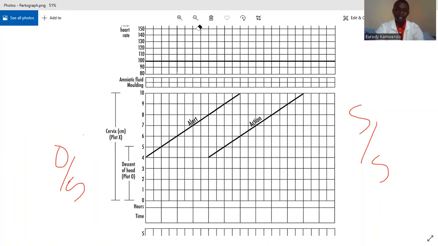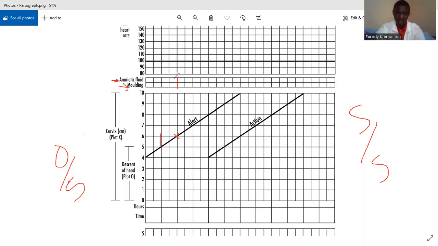So after checking the descent, you now come to this particular portion, which is labeled amniotic fluid, and also check for moulding. So amniotic fluid, let's say we are still following this particular line. At 6 centimeters, we had plotted this line. So all the way up, we'll still record our information from the time we had opened this partograph.